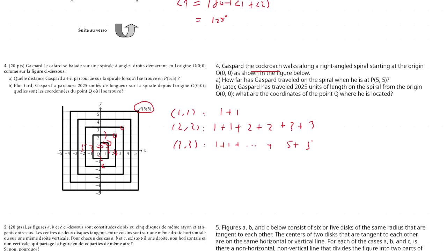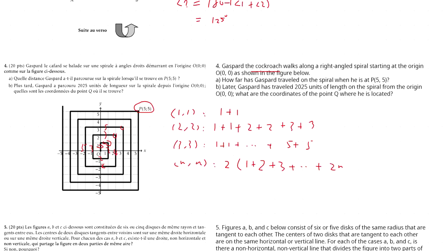So we can easily find the pattern behind it. If he wants to reach (n, n) on the top right corner, the distance will be twice 1 plus 2 plus 3 till 2n minus 1.